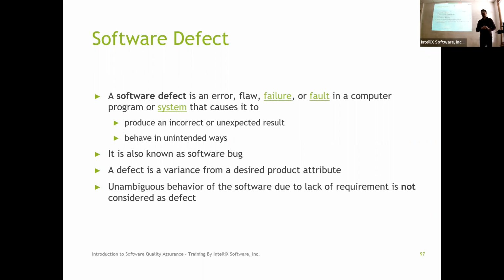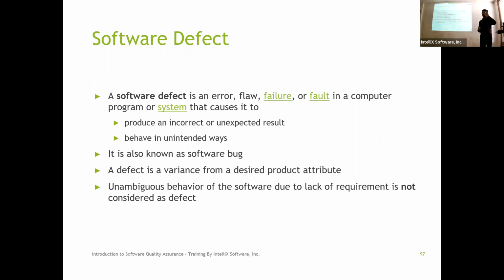Let's say your requirement says the screen should display the first 3 users, and then when things come in, it displays 5. A lot of people don't characterize that as an error, but it is still a defect because it is different from the expected behavior.